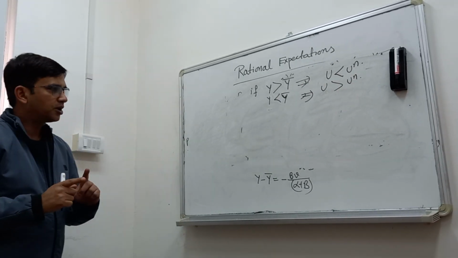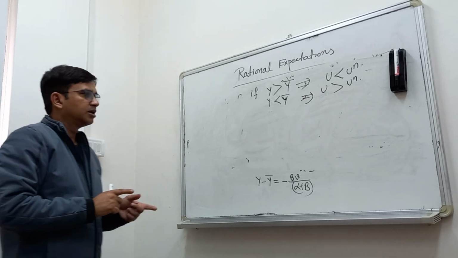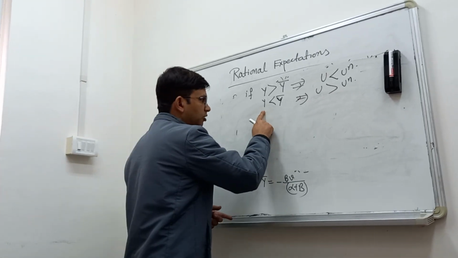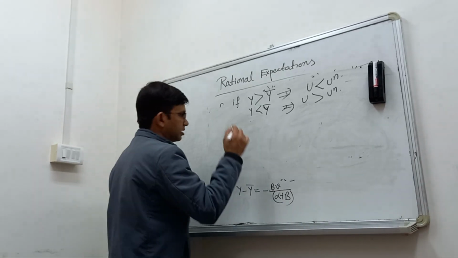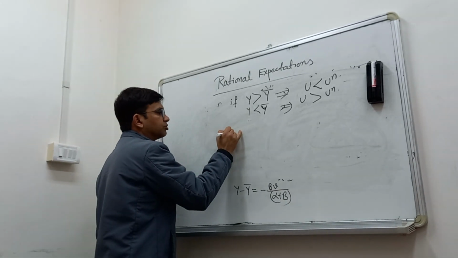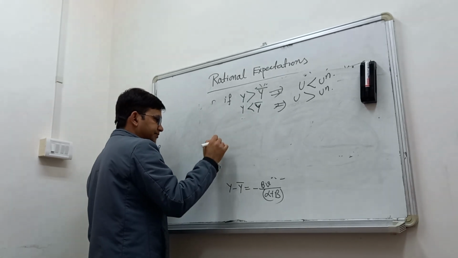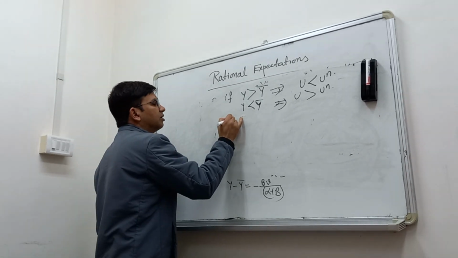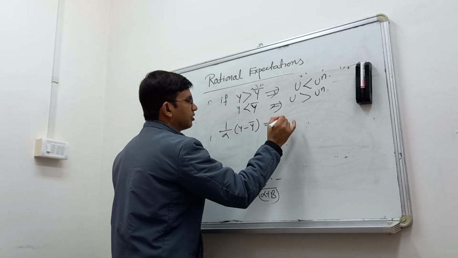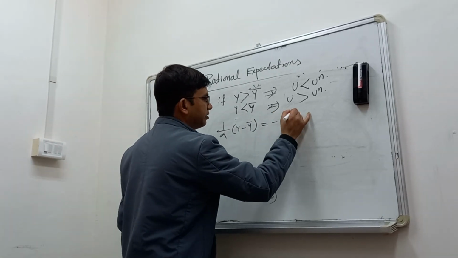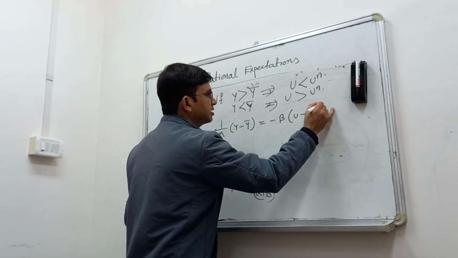So we can formally make a relationship between the divergence of actual output from the natural level of output and cyclical unemployment. According to Okun's law, we can write that 1 by alpha into y minus y bar equals minus beta into U minus UN.